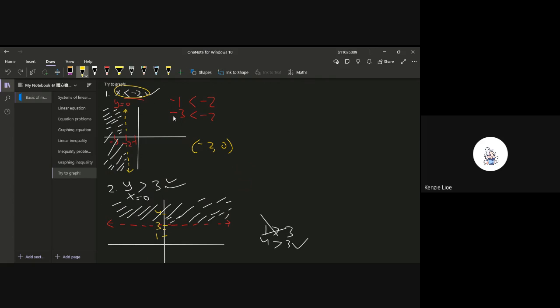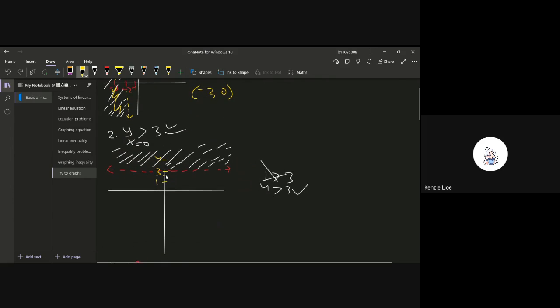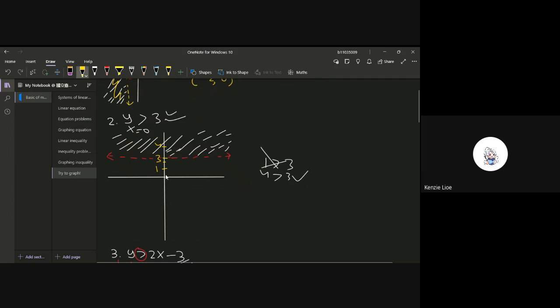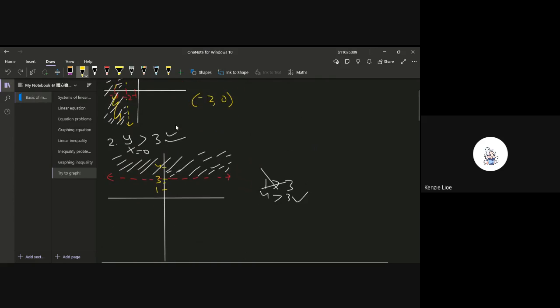So one point from the left is minus 3, smaller than minus 2. It's true, right? So basically this part is the one that satisfies this equation. This problem is also the same.